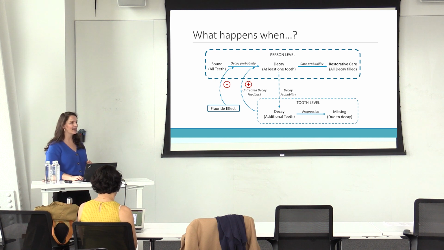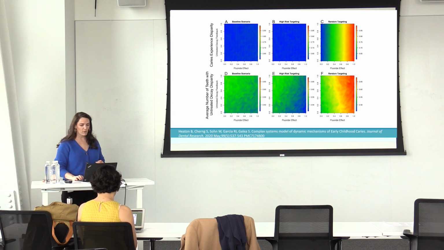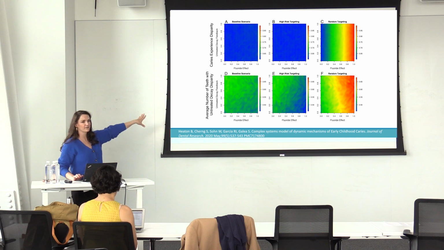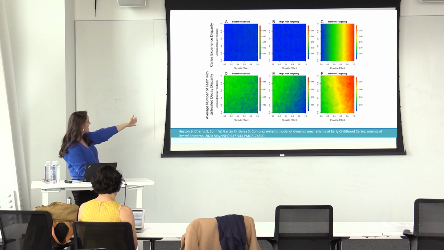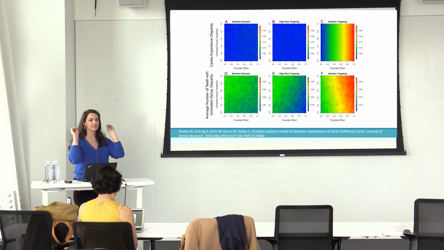So we said, well, what happens if we introduce fluoride into the population and try to look at different targeting interventions in the population with its impact on caries? And what we saw was that in this baseline scenario, so this is no intervention, this the left-hand heat maps. And then we did high-risk targeting, which means in the population we introduced fluoride interventions only to those who were high risk.